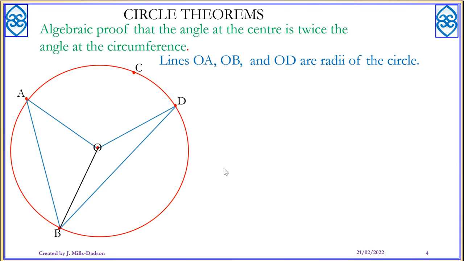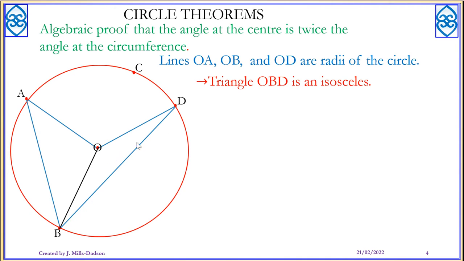Now, to prove why the theorem says so is to go through this algebraic proof. Lines OA, OB, and OD are the radius, as you can see, from the center to part of the circumference is radius, straight line.